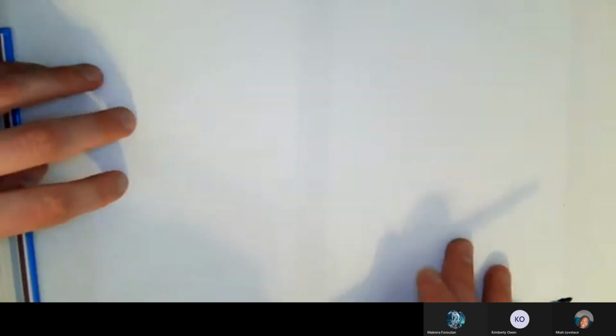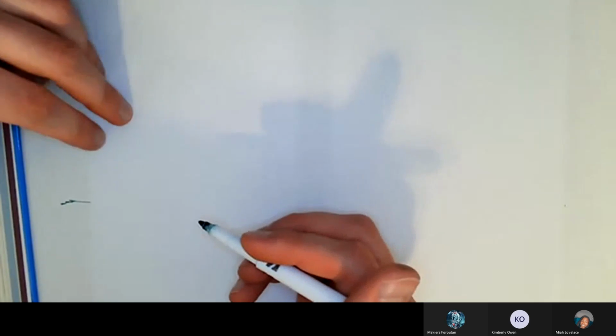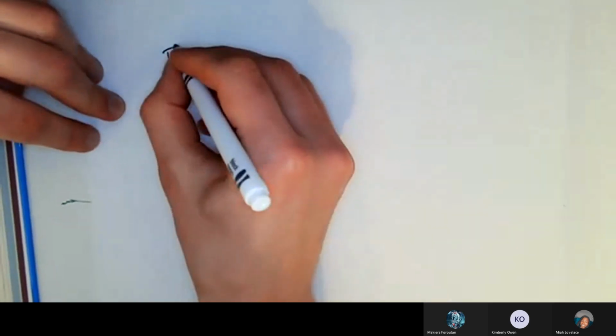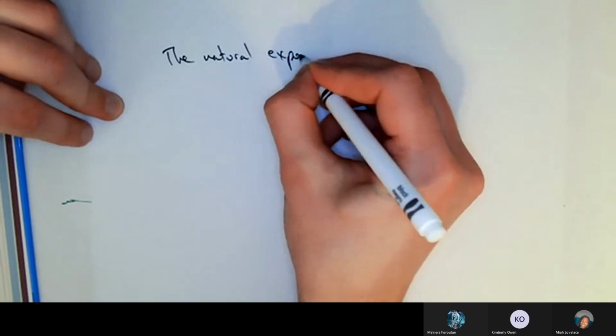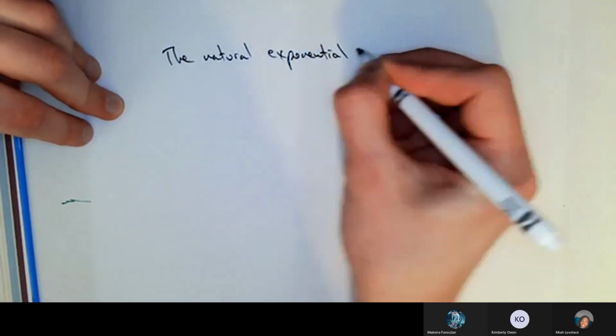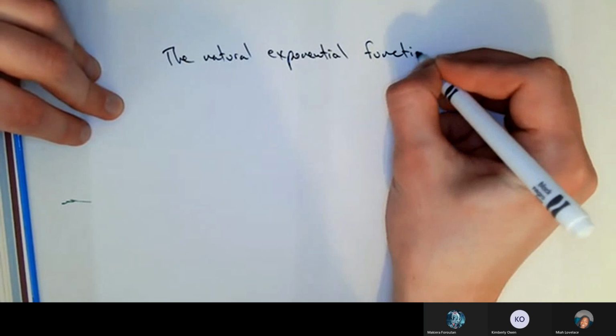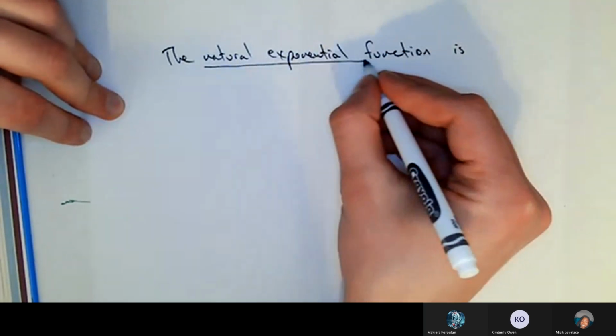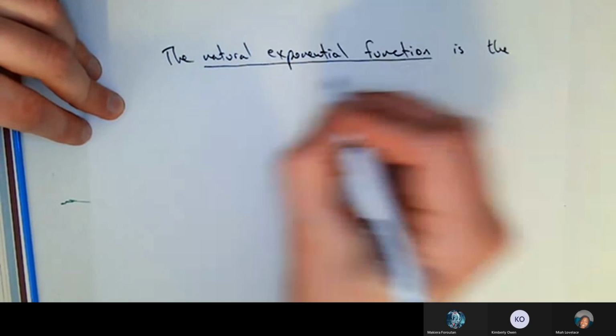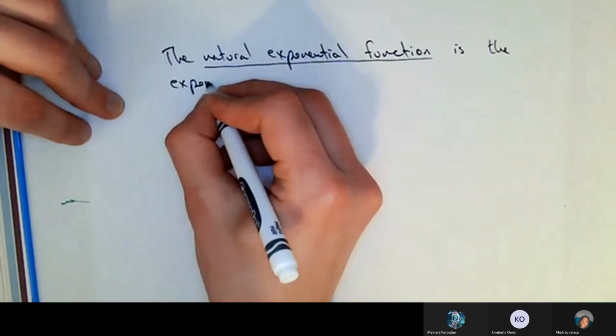Okay, so let's talk more about the natural exponential function. So more about the number e. The natural exponential function is an exponential function, of course.